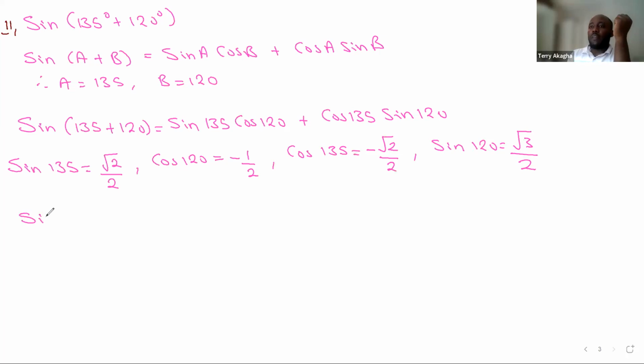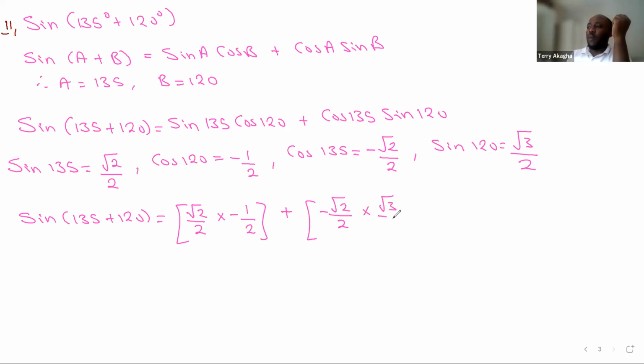So now we can say sine 135 plus 120 will be equal to sine 135 is root 2 over 2 multiplied by cos 120 is minus 1 over 2 plus cos 135 is minus root 2 over 2 multiplied by root 3 over 2.